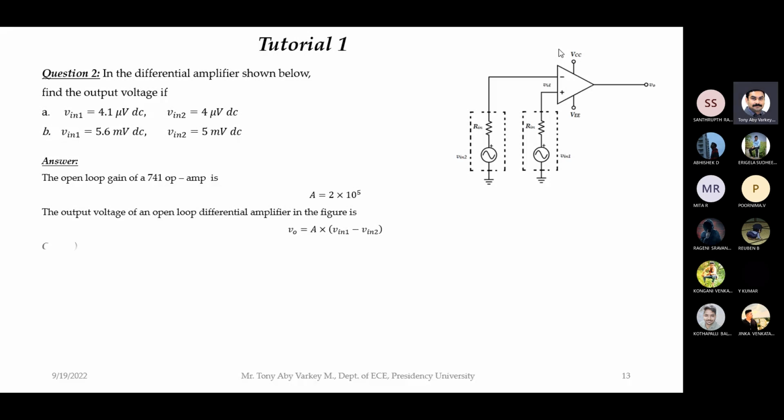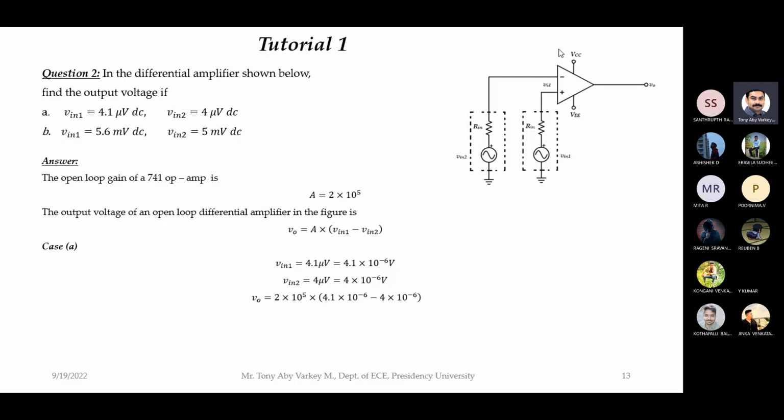So 2 into 10 power 5. In the first case, V in 1 is 4.1 microvolt, that is 4.1 into 10 power minus 6 volt. V in 2 is 4 microvolt, that is 4 into 10 power minus 6 volts. So output voltage will be 2 into 10 power 5 into 4.1 into 10 power minus 6 minus 4 into 10 power minus 6.